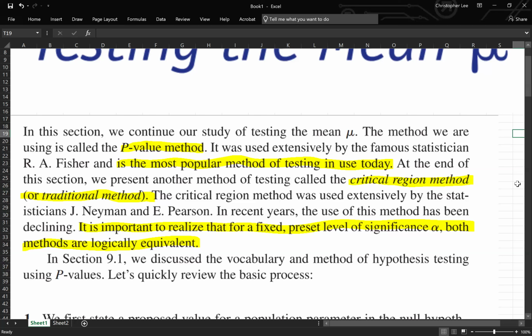Let me just break this down a little bit. You can make your decision when you're doing hypothesis testing from drawing a graph and using the traditional method. The thing is, that method works for the normal distribution. Every time you switch a distribution, say you go to chi-squared or one of these other distributions, you have to learn that graph and then you can do that traditional method again.